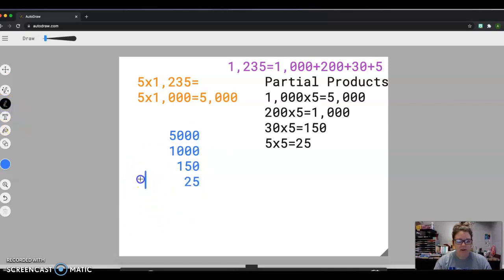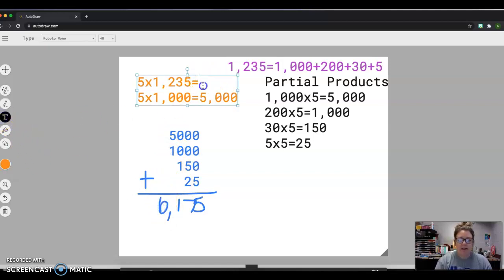Okay, so we will now add all of our partial products together. 0, 0, 0, and 5 is 5. 0 plus 0 plus 5 plus 2 is 7. 0 plus 0 plus 1 is 1. And 5 plus 1 is 6. So our final product is 6,175. So our estimate is still reasonable because it is close, all right?